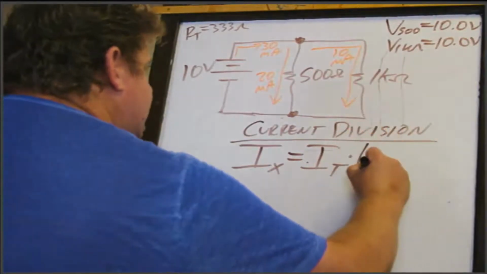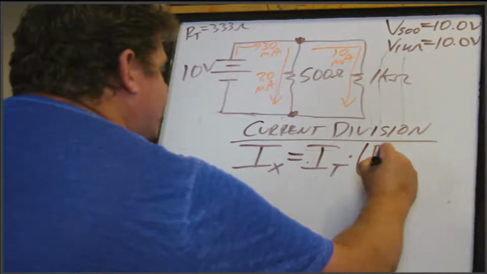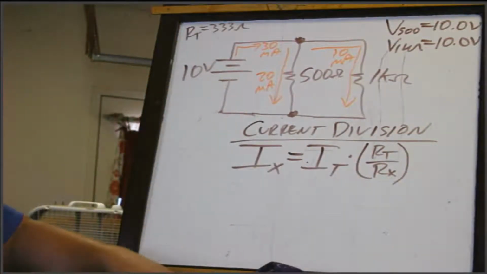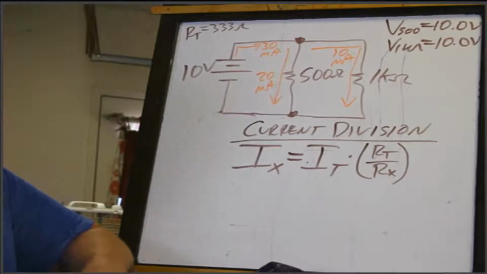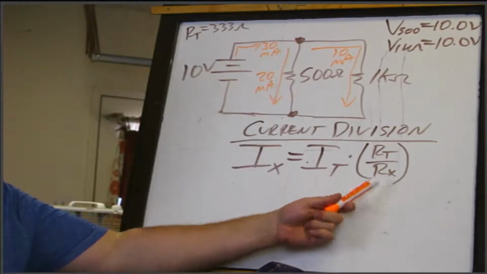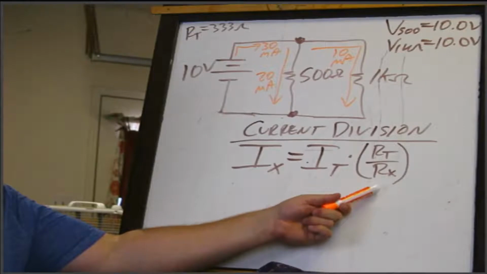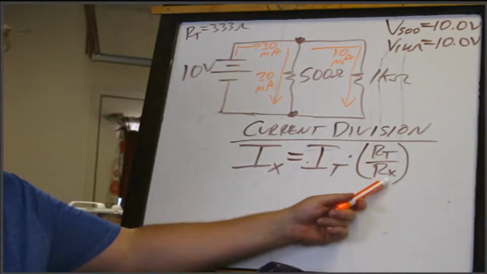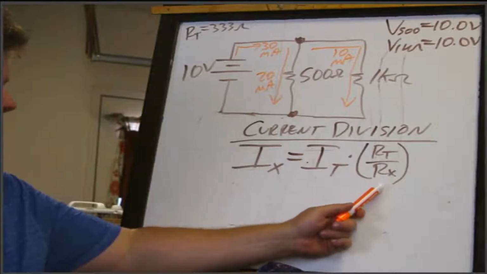So now it's RT over the individual resistance. That's something confusing that you need to make notes about. When we're using current division, it's always total over individual, and you'll see why when we do the calculations.